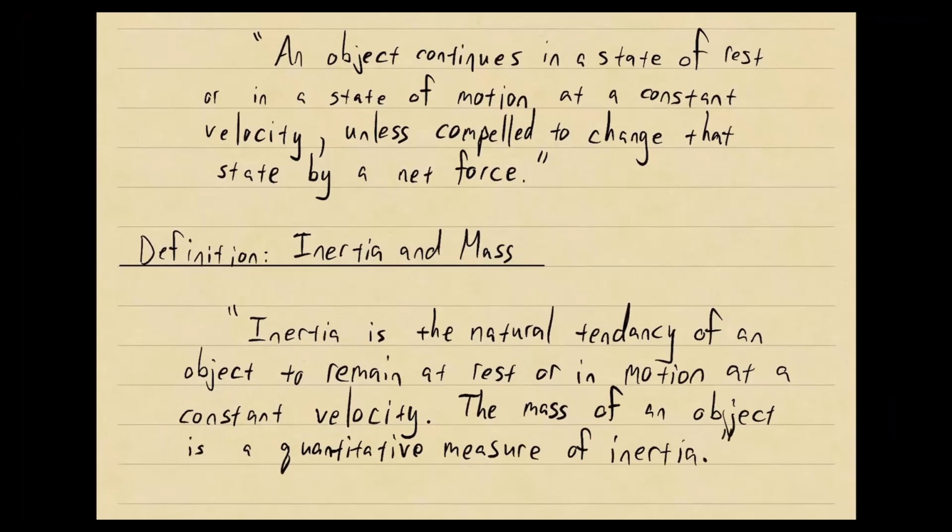If there's a baseball coming at you at 10 meters per second, ostensibly you can put up your hand and catch it, and changing its motion isn't too bad. However, if there's a train coming at you at 10 meters per second and you try and stop it, that won't work out very well for you. That's because the train has a lot more mass, therefore it has a lot more inertia, and it's going to be harder to change its motion as compared to the much lighter baseball.